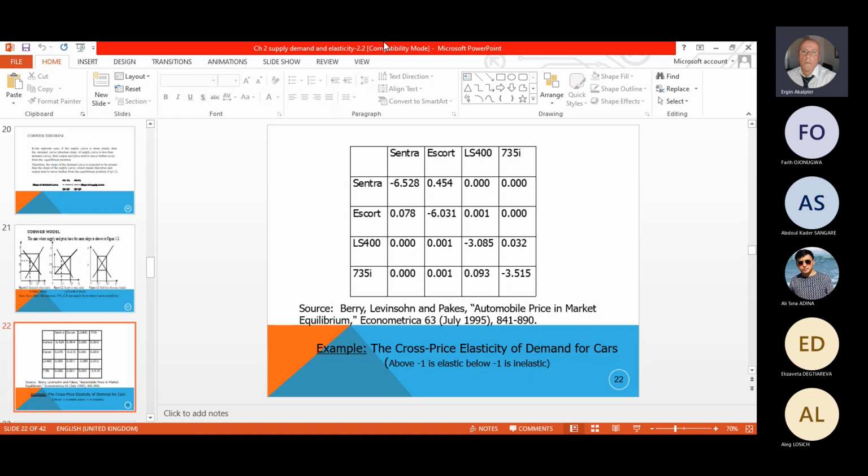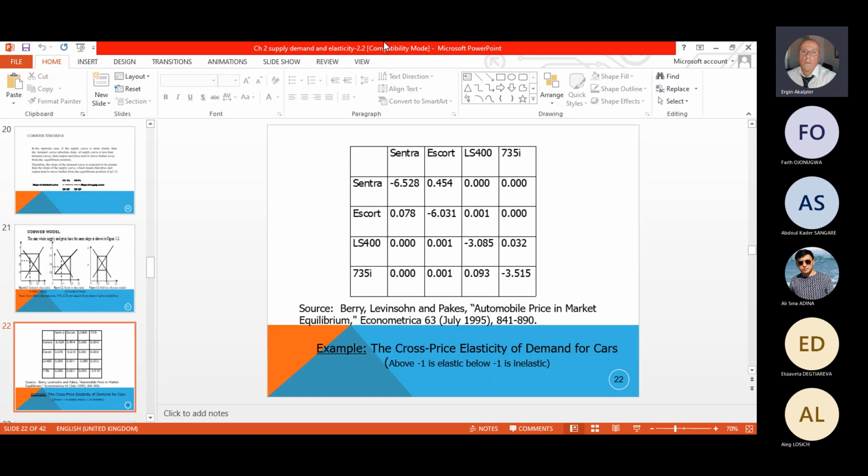And between these two, let's say BMW, there is high elasticity, which means either one is no problem, because if it is above 1 it is elastic, and if it is below 1 it is inelastic.